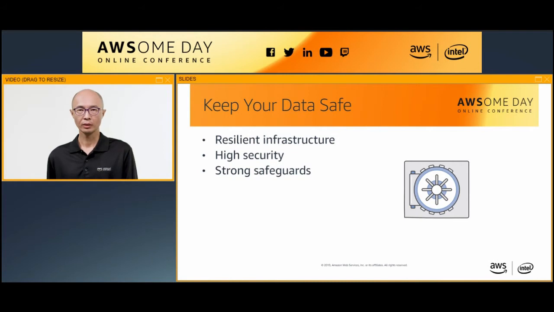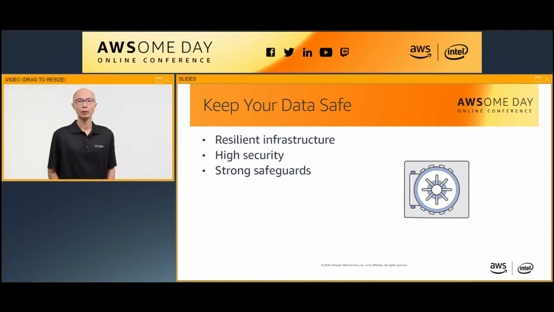This means that you get a resilient infrastructure designed for high security without the capital outlay and operational overhead of a traditional data center. The AWS infrastructure puts strong safeguards in place to help protect customer privacy.